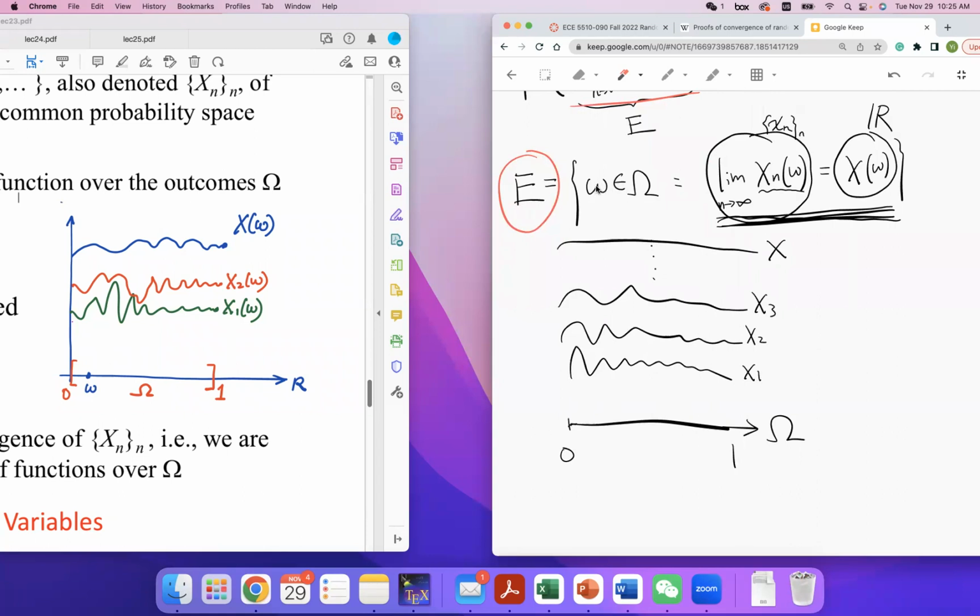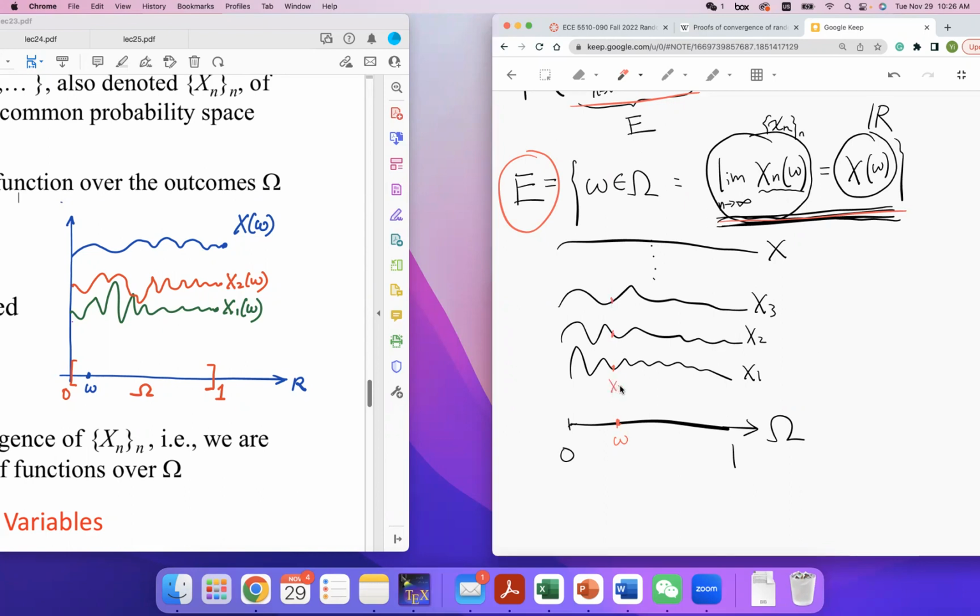We look at all the omegas such that this limit holds. So basically, we go over all the omegas. Pick this omega, for example. I'm going to look at whether or not this omega belongs to this set E. Basically, I just need to examine this criterion. You look at all the realizations of this sequence of random variables under this omega.